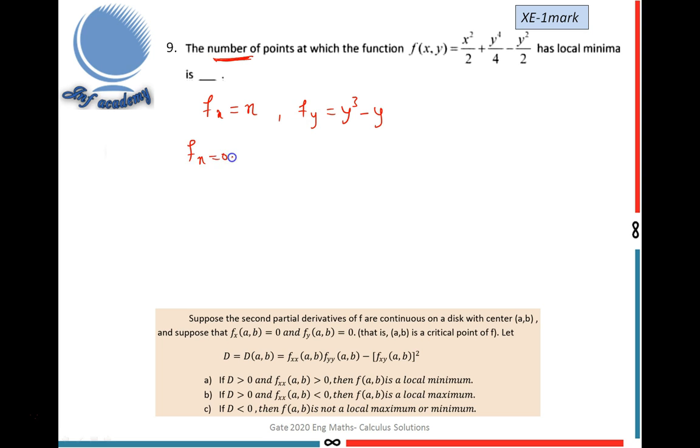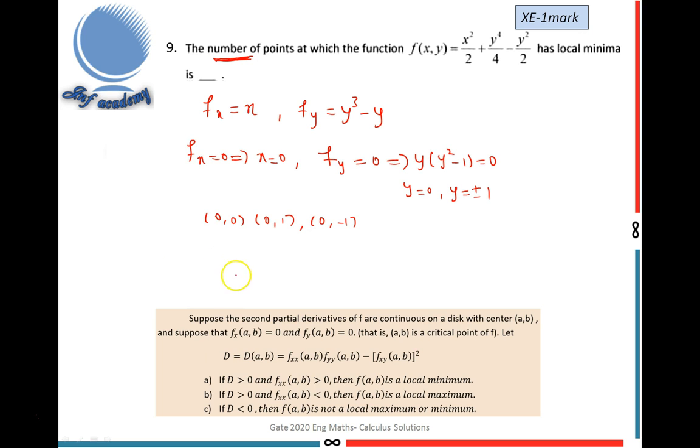Fx equal to 0 gives x equal to 0, and fy equal to 0 gives y into y square minus 1 equal to 0, that is y equal to 0 and y square equal to 1, y equal to plus or minus 1. So the critical points are 0, 0; 0, 1; and 0, minus 1.